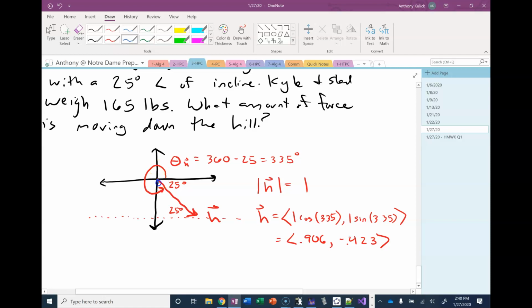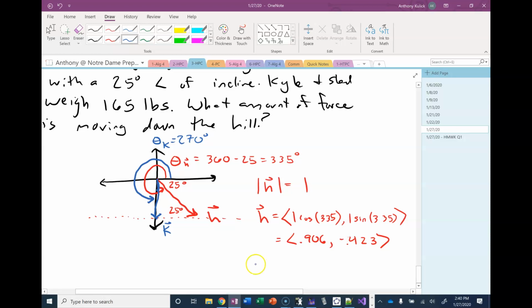Next, I'm going to draw a vector for Kyle and the sled. What force is acting on something with mass? Gravity. Which way does gravity pull? Down. So this is my vector for Kyle and the sled. What is the direction for Kyle? It's 270 degrees, right?